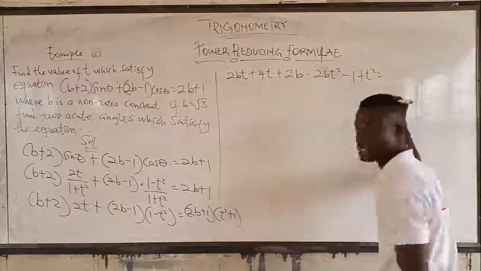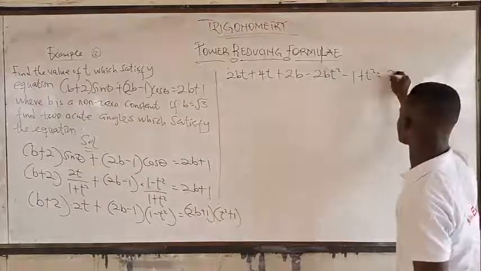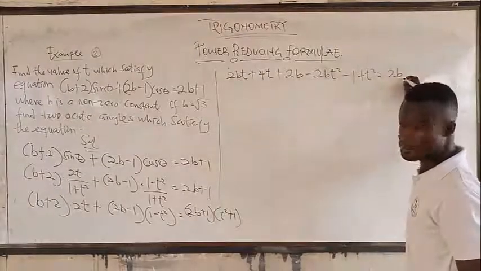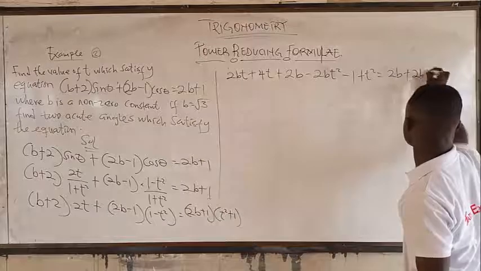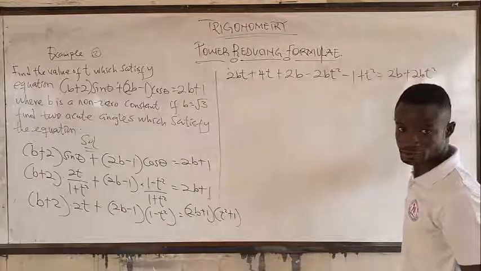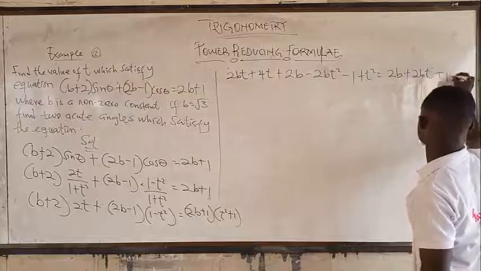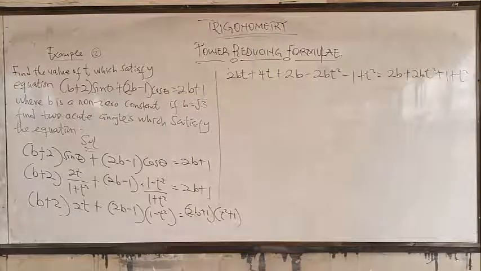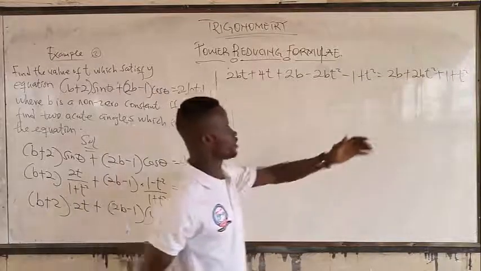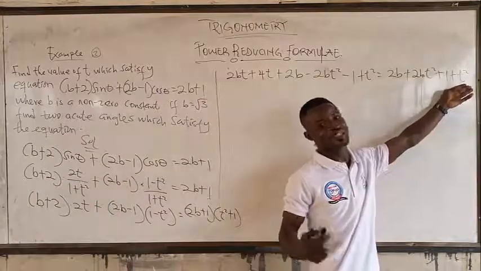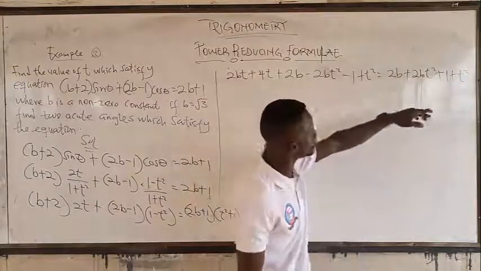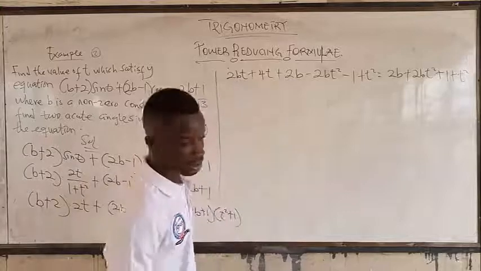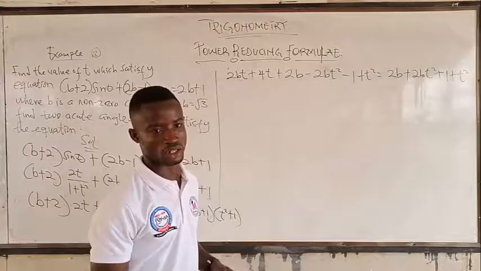When you expand this one, you're going to get 2b plus 2bt squared plus 1 plus t squared. Very lengthy, but I believe you can see from there.